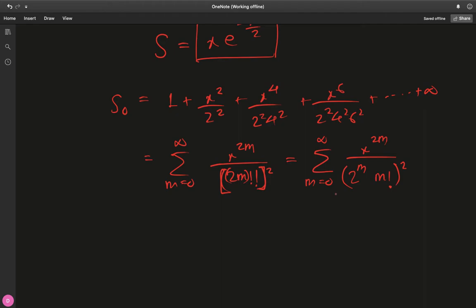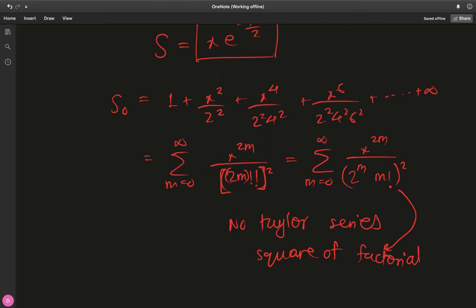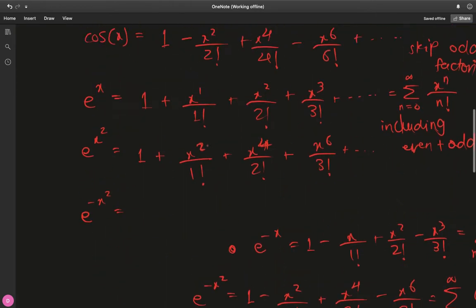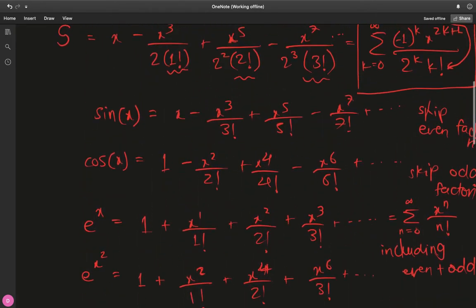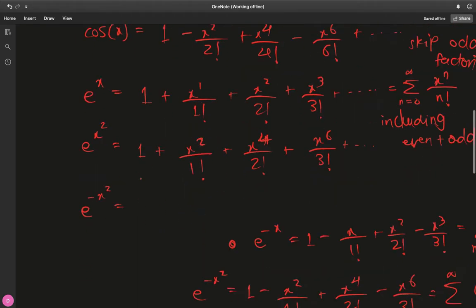But the sad part is there is no Taylor series that we can use that involves the square of a factorial. I mean, we had seen regular factorials. We did that with three series that had factorials in the denominator: sine x, cosine x, and e to the x.